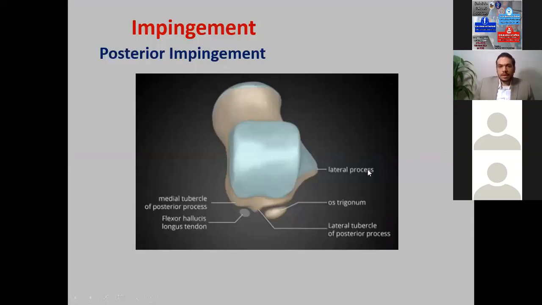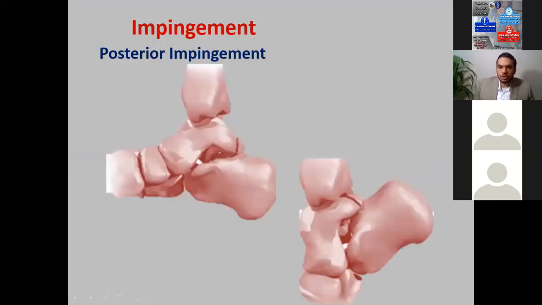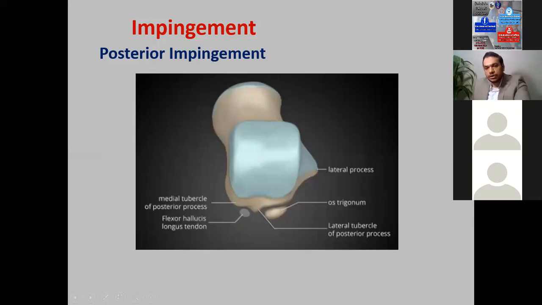In posterior ankle impingement, it follows either an acute hyperflexion injury of the ankle or repetitive activities that involve hyperflexion of the ankle. This results in insinuation of normal anatomic structures like the os trigonum or an enlarged posterolateral talar process between the calcaneus and tibial plafond during hyperplantar flexion.